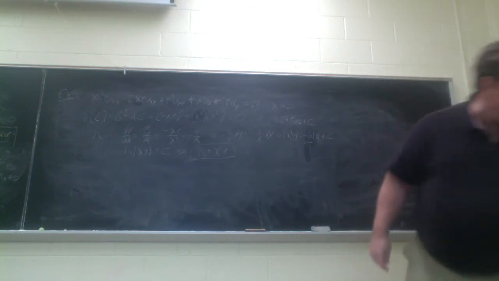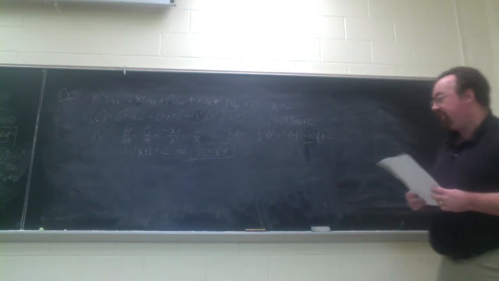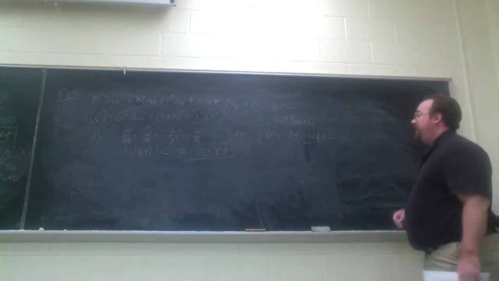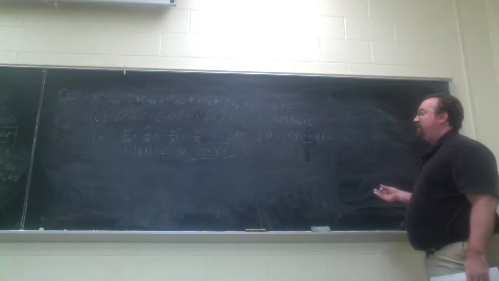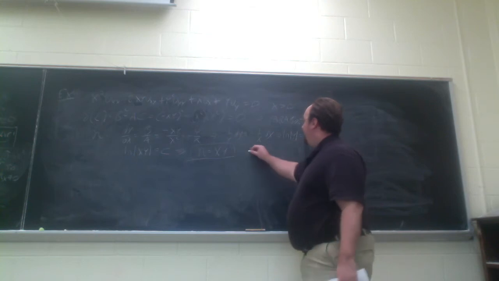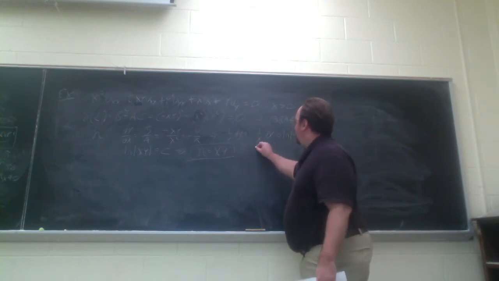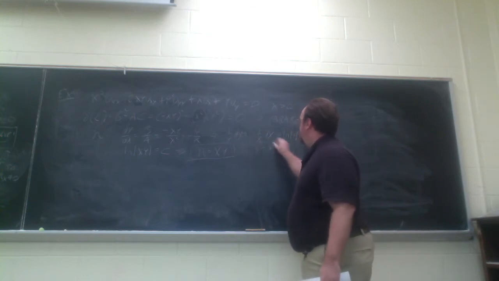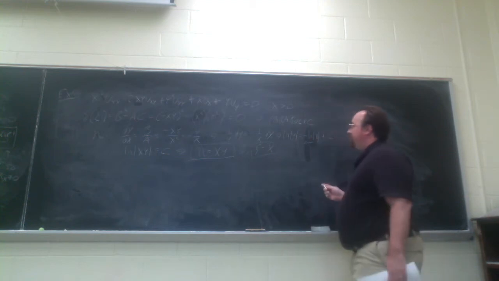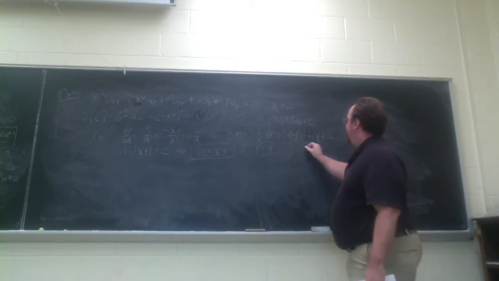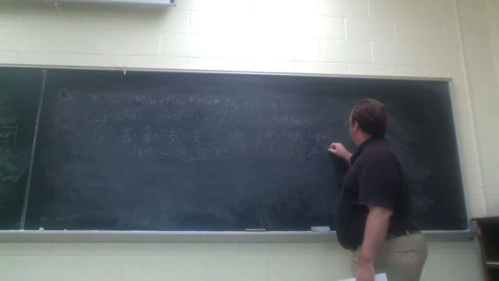Okay. Now, I need to choose something for c to make sure I have a non-singular coordinate change. I'll just choose c equal to x. Now, to make sure that this works, my Jacobian is cx eta y minus eta x cy.